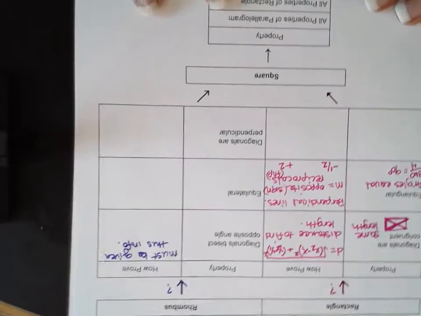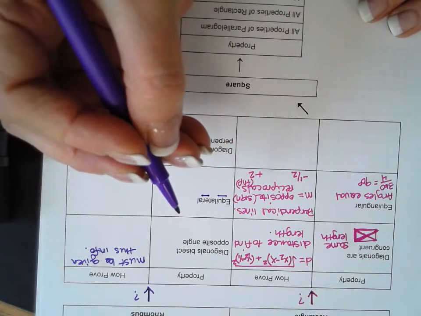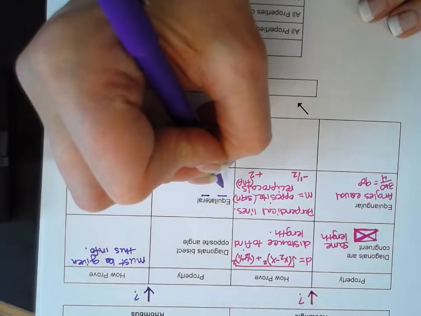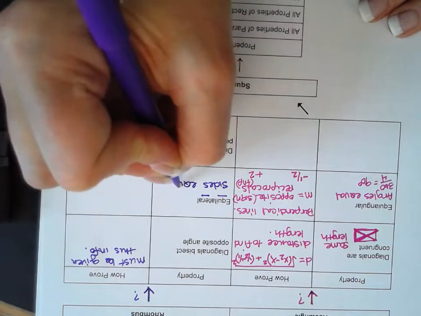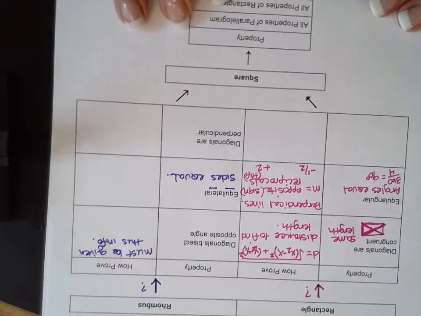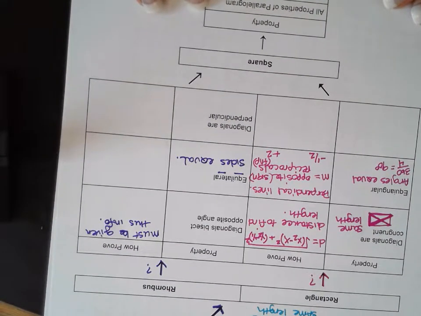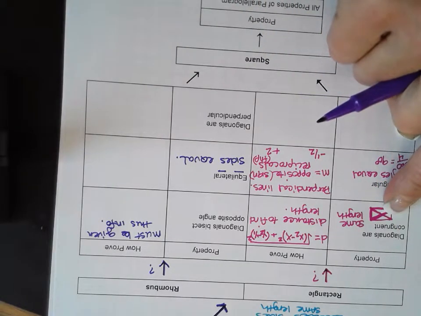However, equilateral. What's equilateral mean? Its sides are equal. Okay, so how could I tell if my four sides are equal? How did I find if my diagonals were equal?